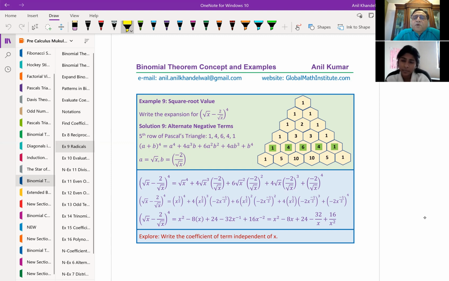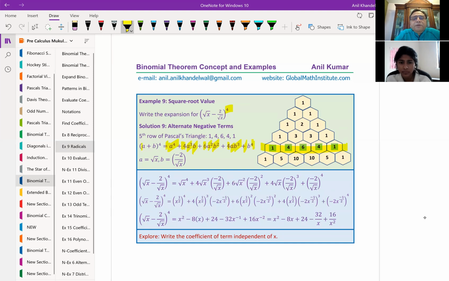Since the power is 4, we are going to look into the fourth row of Pascal's triangle, the coefficients being 1, 4, 6, 4, 1. Powers of A decrease: 4, 3, 2, 1, 0. Powers of B increase from 0, 1, 2, 3, 4.